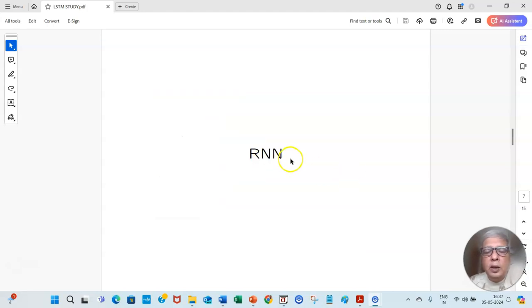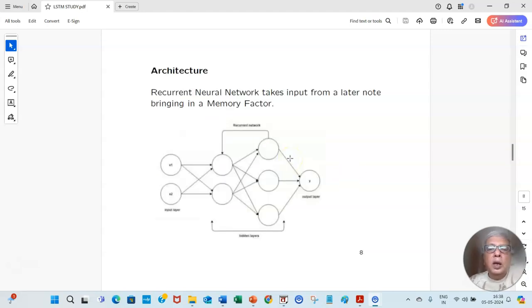Then comes the recurrent neural network, which brings in a concept called memory. Now how is it formulated? The node is taking the input from a later node of a previous run. That's why it is called a recurrent network, and it brings in a concept of memory.